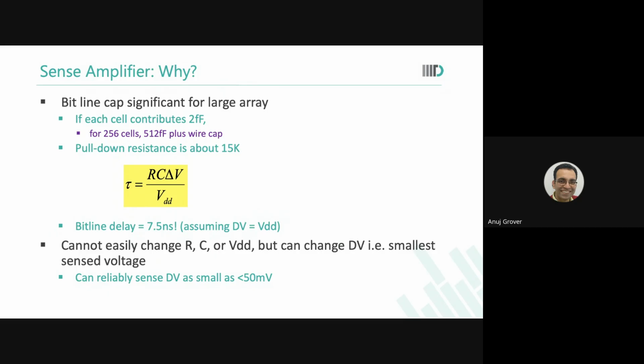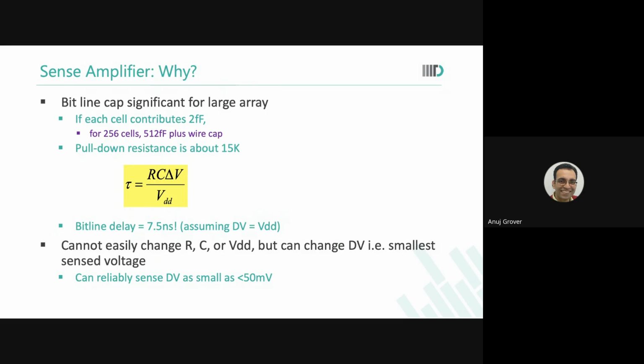It is needed in the read operation, yes, but why? To make the speed of the cell faster. Because the bit line capacitance is very large and our memory cells are very, very small. With a large bit line capacitance and a small memory cell, what happens?